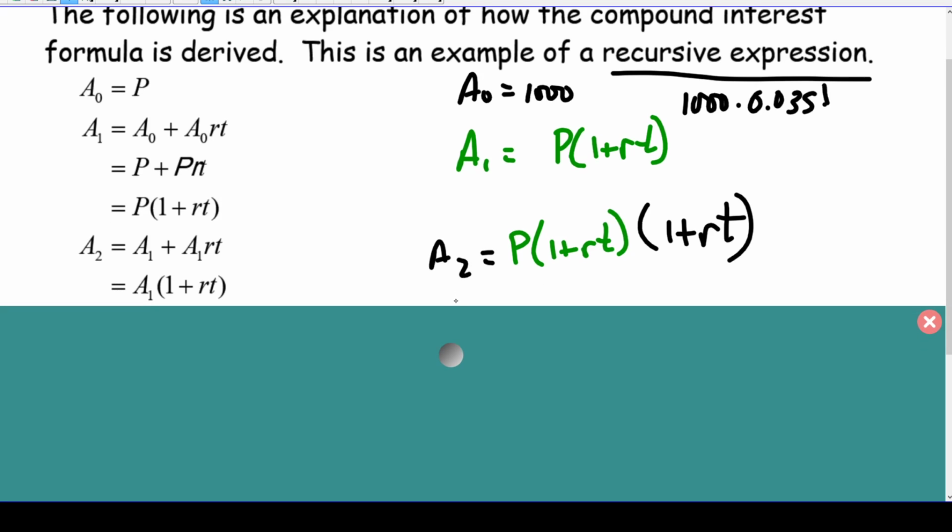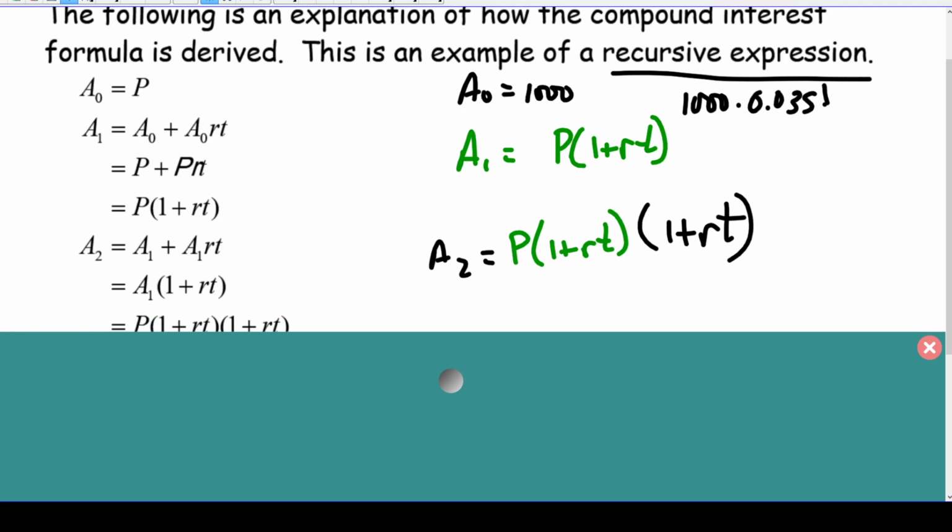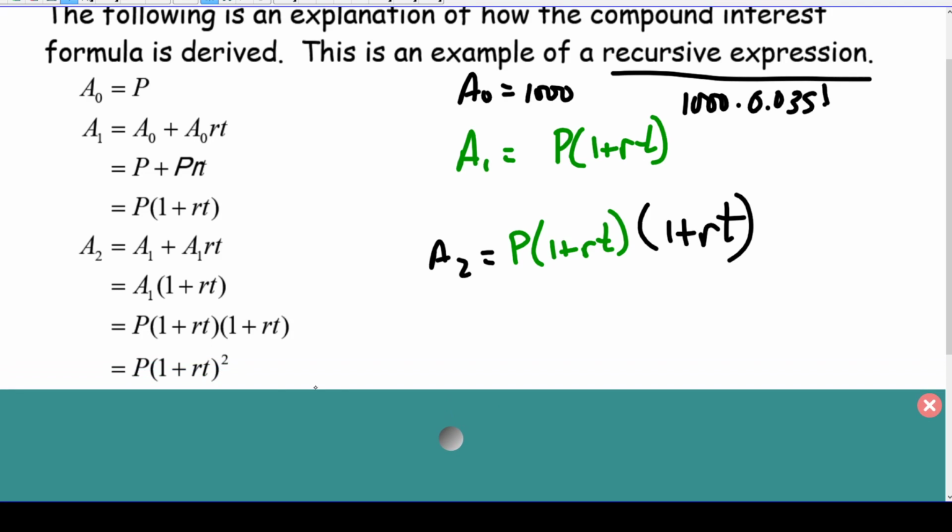And if we did A3, wouldn't it be P times 1 plus RT times 1 plus RT times 1 plus RT? We just continuously keep multiplying by 1 plus RT. And when we do that in math, that becomes an exponent. And that's what makes this an exponential. It's the fact that we have to recursively use previous values in the newer values, and it just continuously multiplies that 1 plus RT over and over and over again.